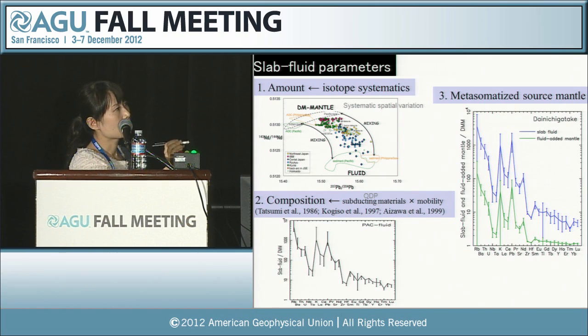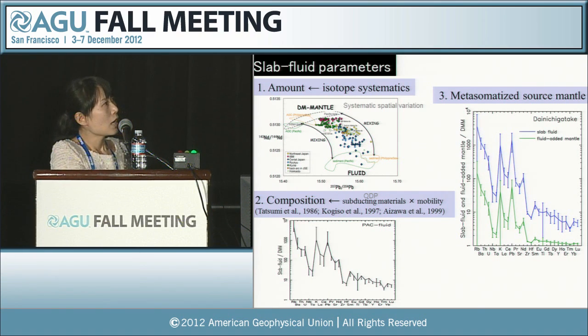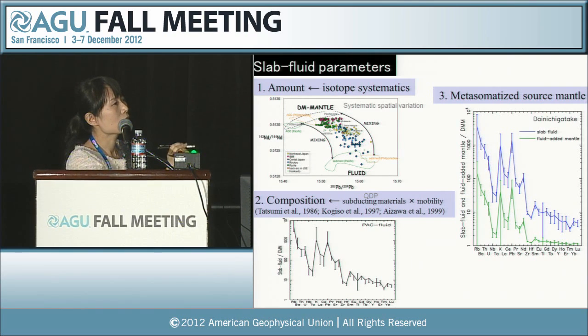In addition, fluid composition can be calculated forwardly by using ODP data before subduction and element mobility determined by high-pressure experiments. With these parameters, slab fluid composition and fluid-metasomatized source mantle composition can be forwardly determined.